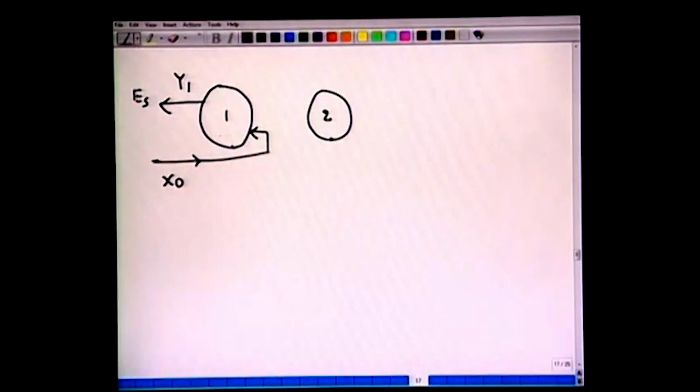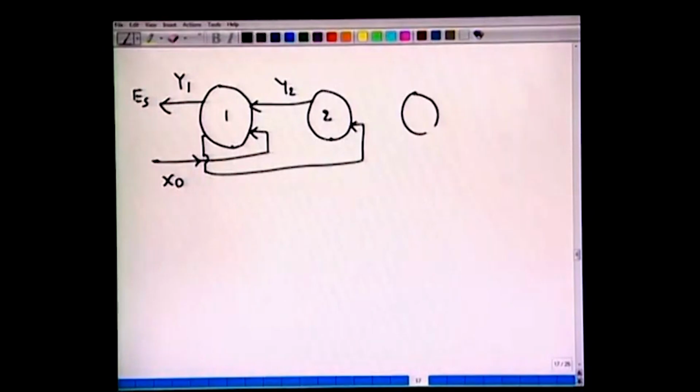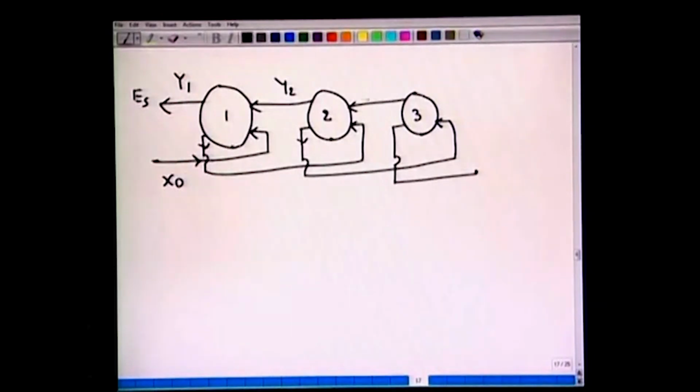This is the stream which leaves from here, it can go like this, and it can again enter stage 2. This stream leaves like this with y2 composition. Let us draw the third stage. This is the stream which leaves from here like this, again it will enter like this, and so forth. The stream which comes out on top, that extract phase, has a composition y3, and so forth.